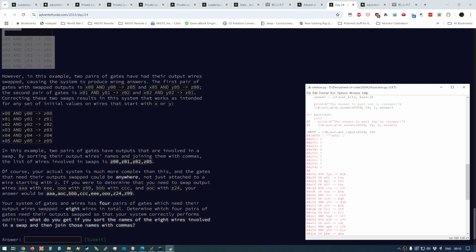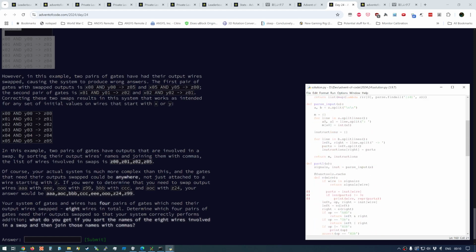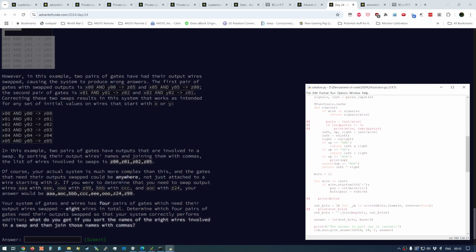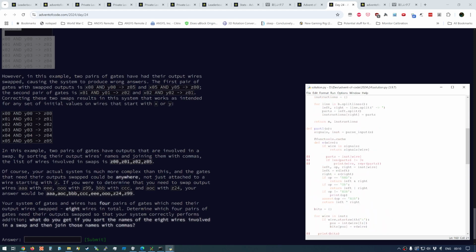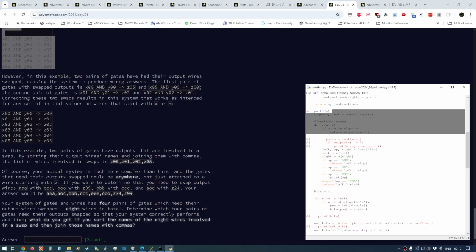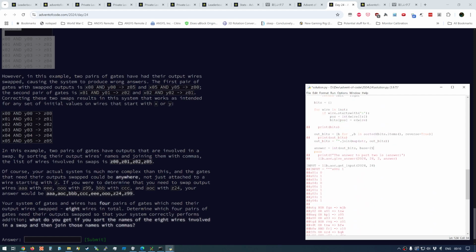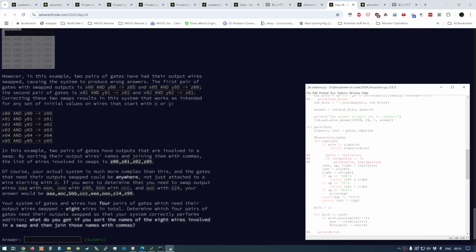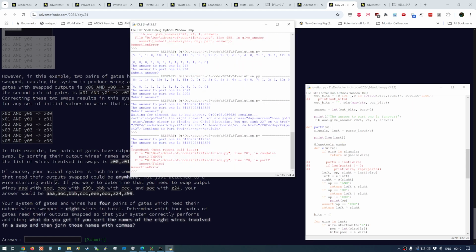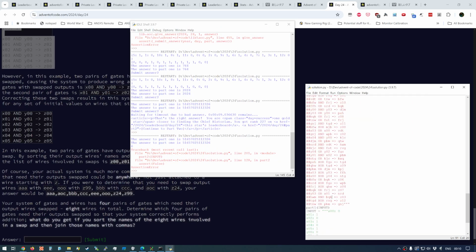How many gates do I have? I don't think I really want to brute force this, but at the same time, outright.